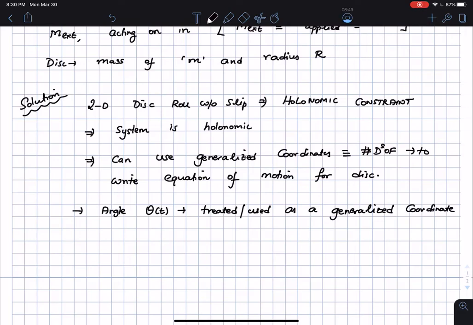And we see that this is a single degree of freedom system. So the number of degrees of freedom is equal to the number of configuration coordinates minus the number of constraints. And this will be in our problem equal to 1, and so we expect one equation of motion.